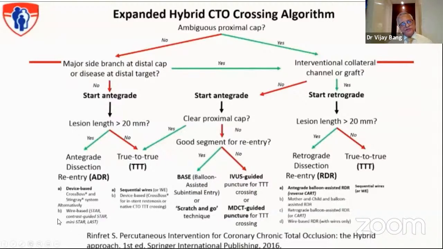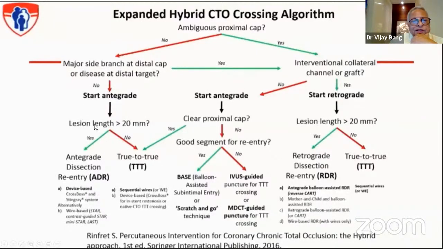But these techniques have lately become less popular after Cross-Pass and Stingray were introduced, because they give very controlled dissection and reentry, and the long-term results are also better in terms of death, MACE rate, and TLR. Everything is better if you use Cross-Pass, so that's why it has become popular lately.